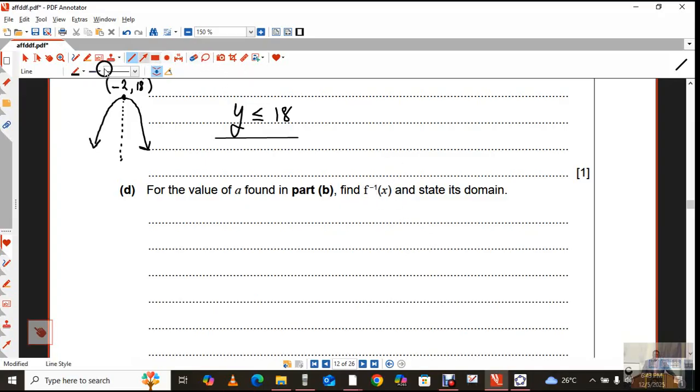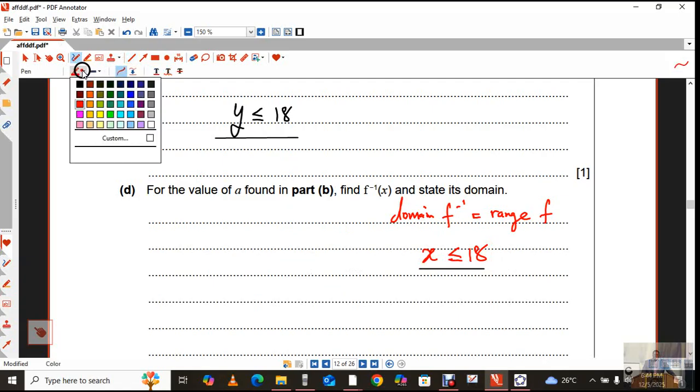Because I hope you understand from functions that the domain of an inverse is equal to the range of a function. What is our range? Our range was y is less than or equal to 18. So our domain then, we have to use x. X will be less than or equal to 18. So you have actually answered that without doing the whole of that. So that is taken care of.